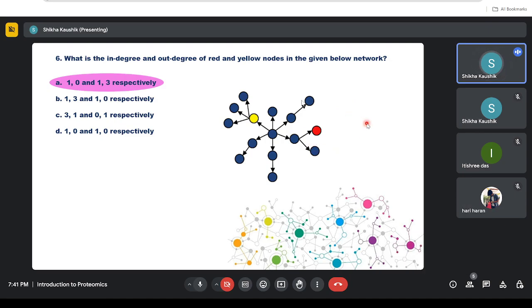Yeah, Hari, you can ask. Ma'am, I have this question regarding these networks, so these graphs. Like with biological systems, are all networks that we make directed? Because sir was explaining about directed and undirected graphs.